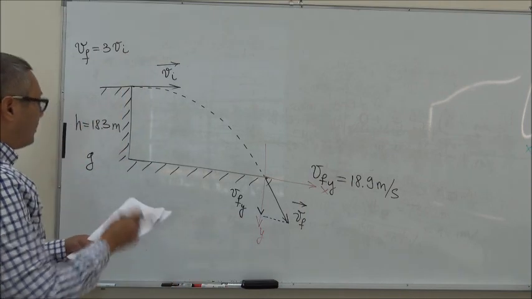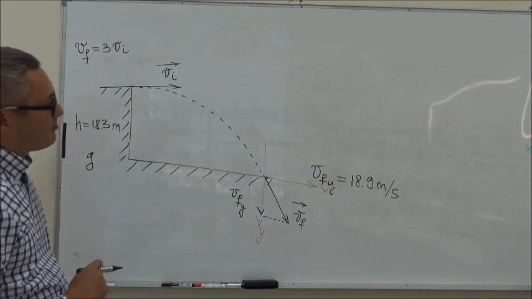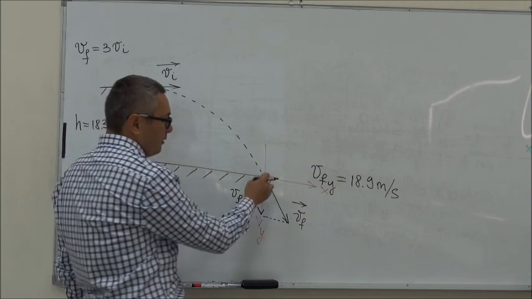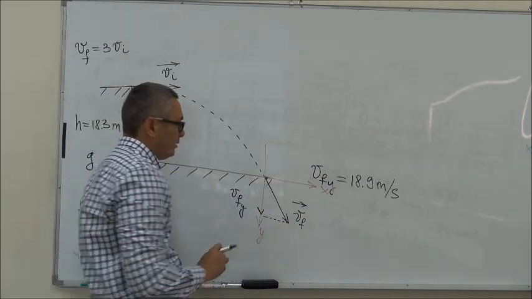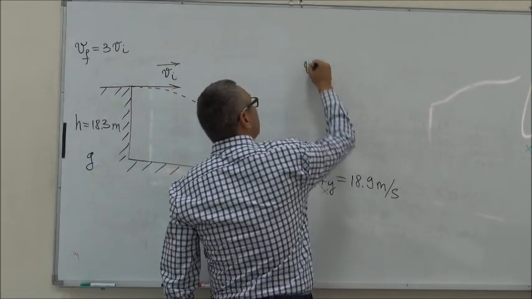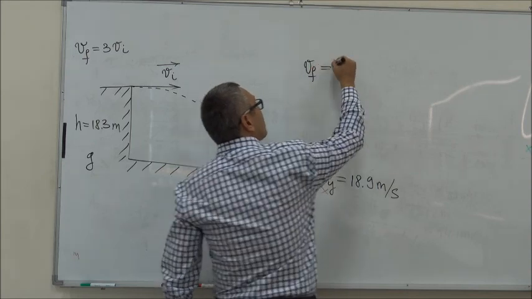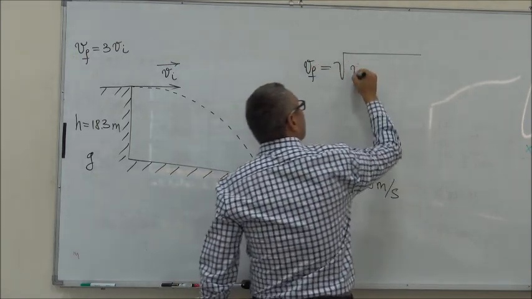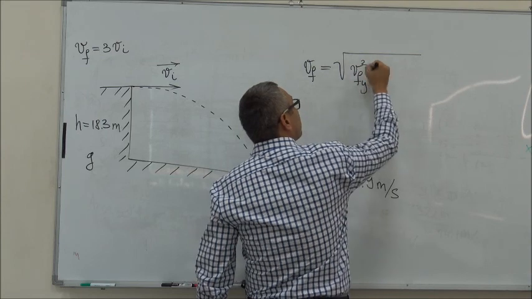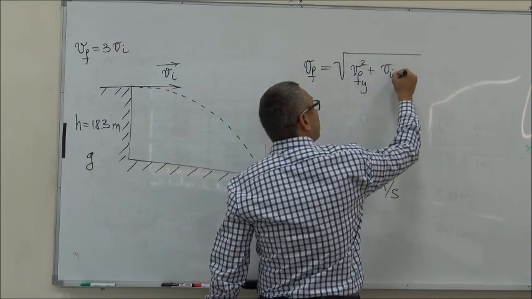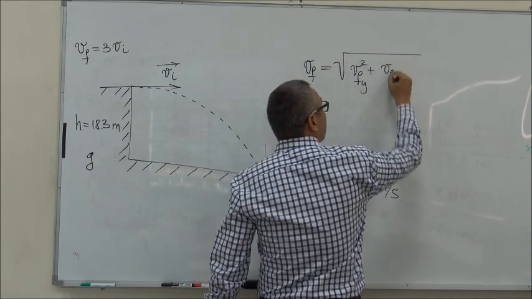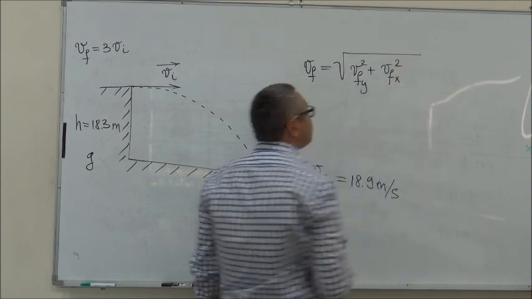Well, we know that V final is equal to the square root of V final y squared plus V final x squared.